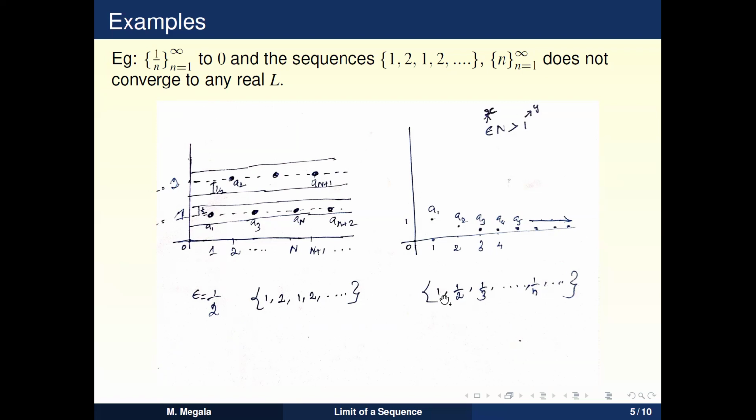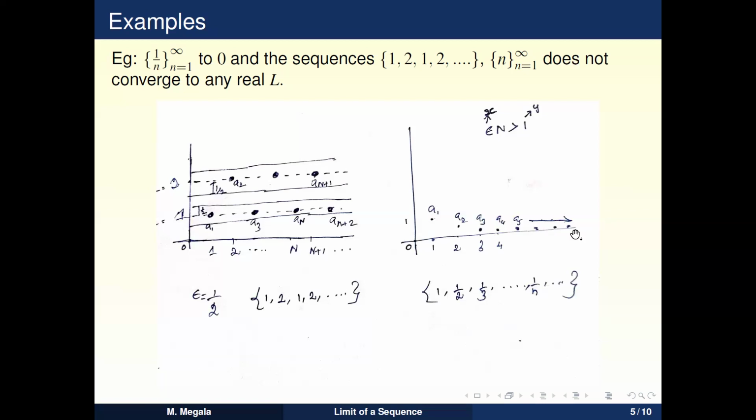Like that it goes. All are positive numbers because n is a positive number, and they are decreasing. When n increases, 1 by n decreases, and they are positive, and getting closer to 0. How can we show this?